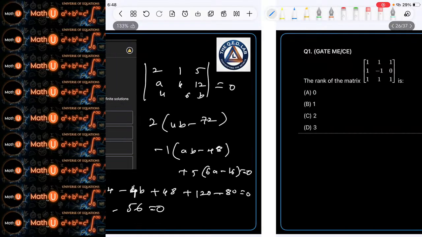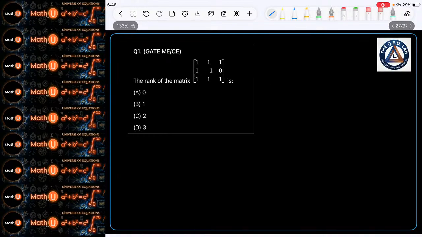Then this is the next question. They are asking to find the rank of the matrix. If you observe that row 1 and row 2 are identical, then I can apply the row operation r3 goes to r3 minus r1.